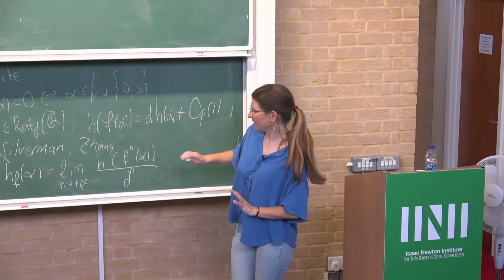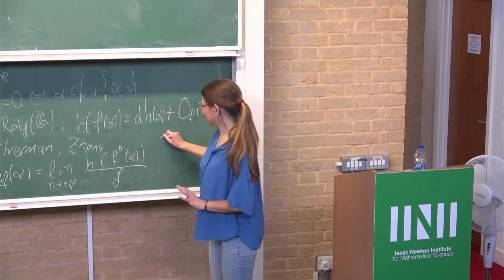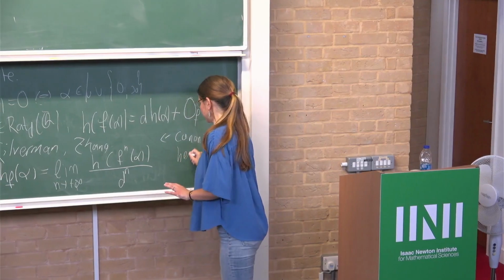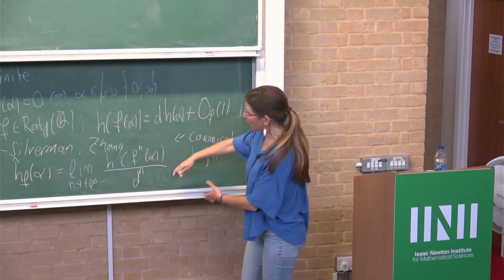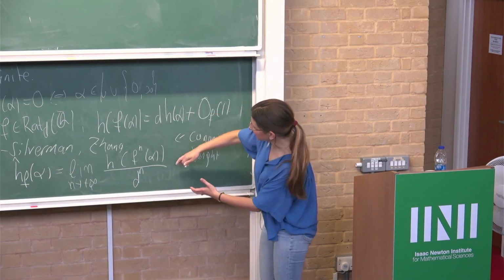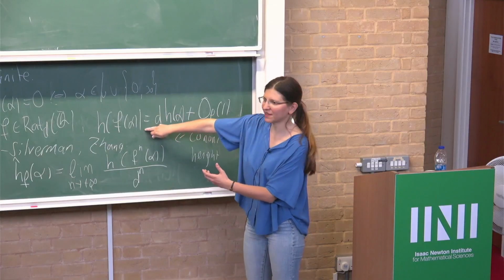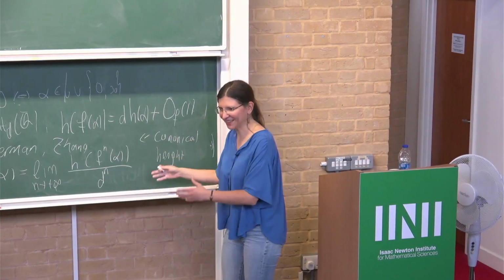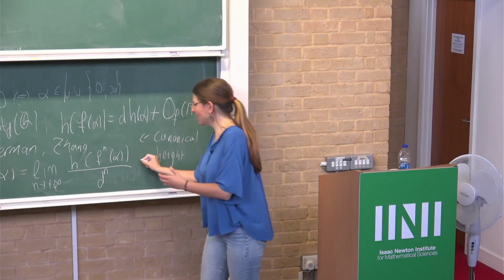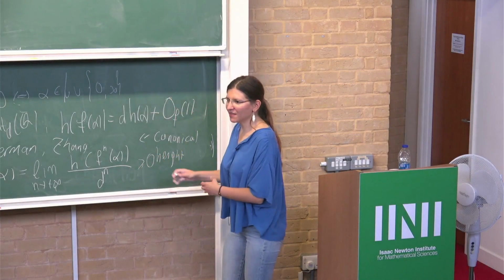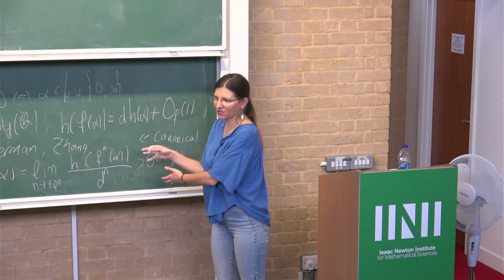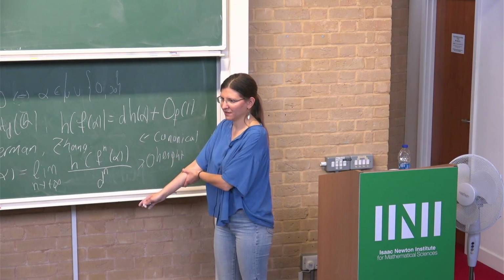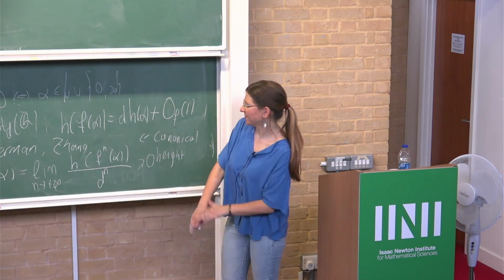Okay. This is the canonical height. Right? A priori, this limit doesn't have to exist, but because of this property, if one proves it, it follows that this limit makes sense, and it is some non-negative number that looks like it's trying to measure the arithmetic complexity of an orbit. Okay?